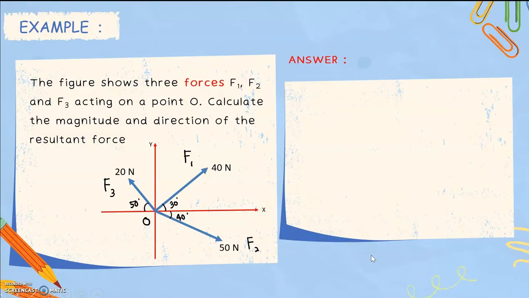Let's look at an example. The figure shows three forces F1, F2 and F3 acting on a point O. Calculate the magnitude and direction of the resultant force. From this question, we want to calculate the resultant force, that means one force that represents these three forces.